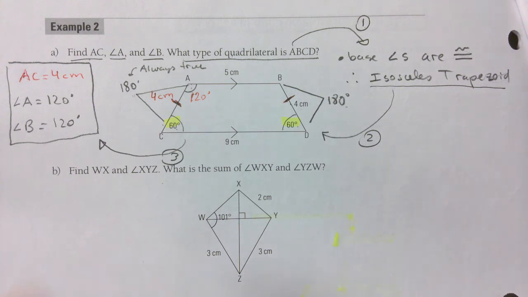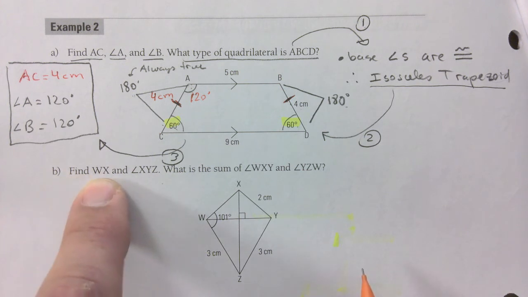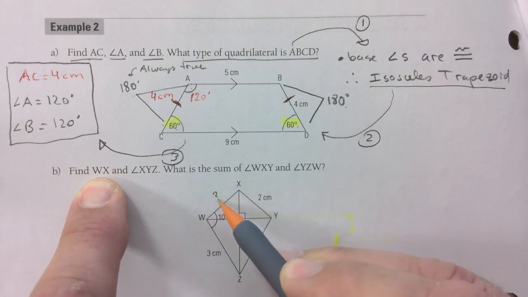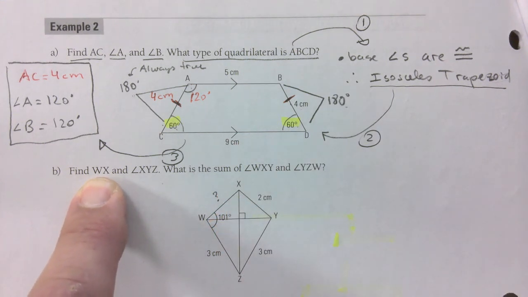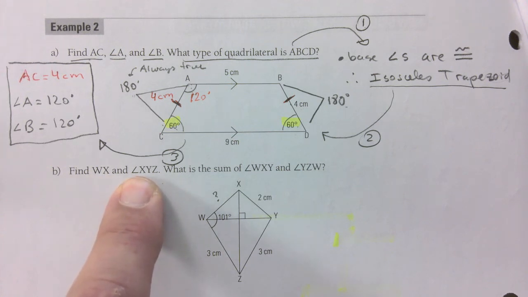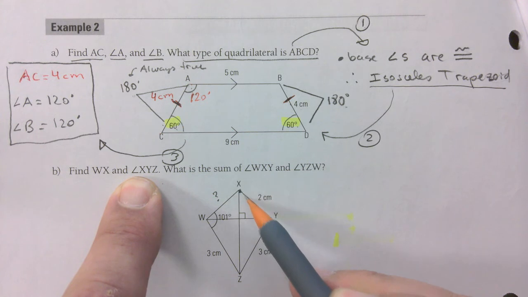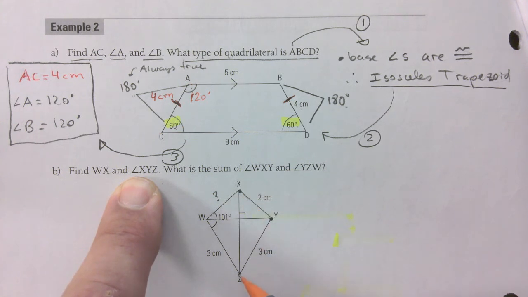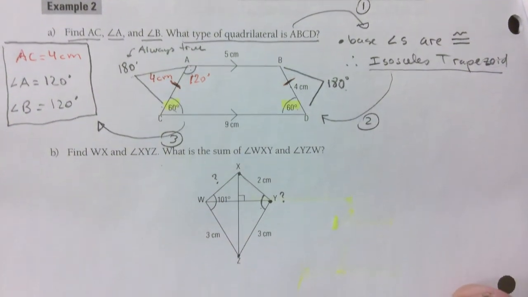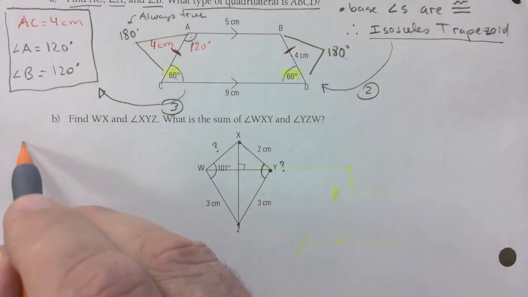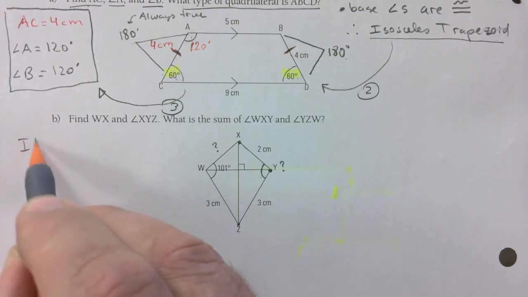Okay, so the next question is asking us to find WX. So where's WX? Let's find it. This is what they're asking us for, right? And angle XYZ. So let's go X, Y, and Z. So they're asking us, this is our angle that we're missing here, this whole thing. So what this is, it is a kite.